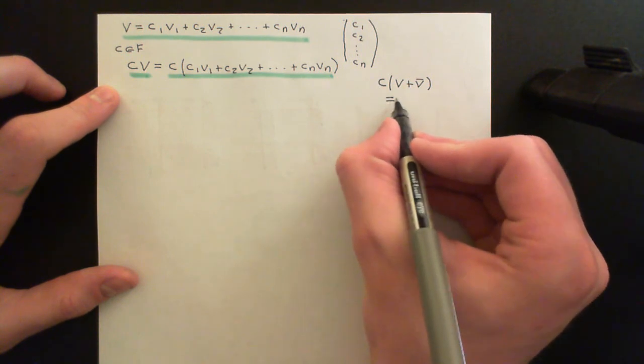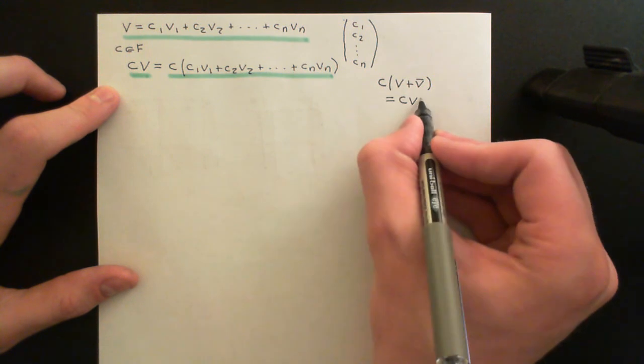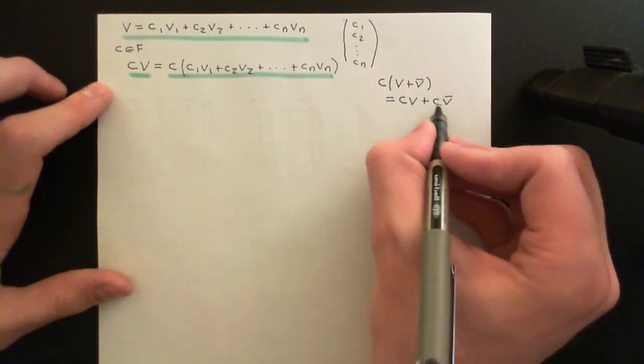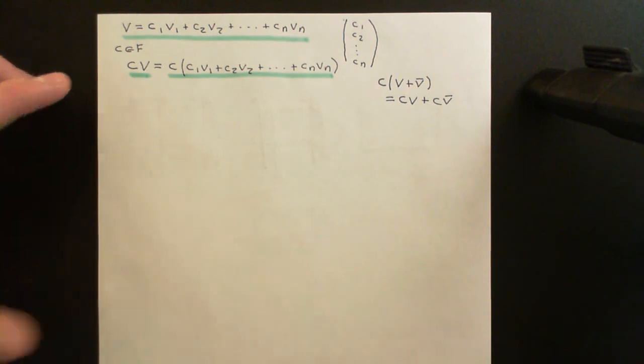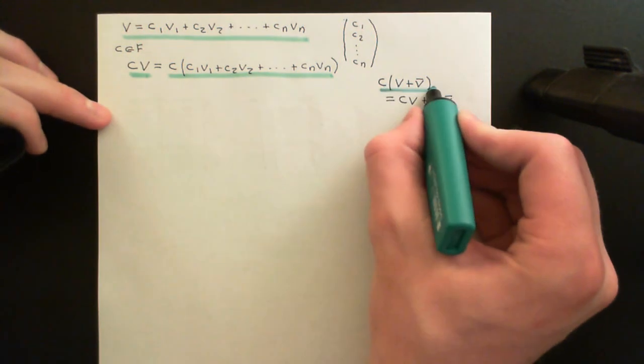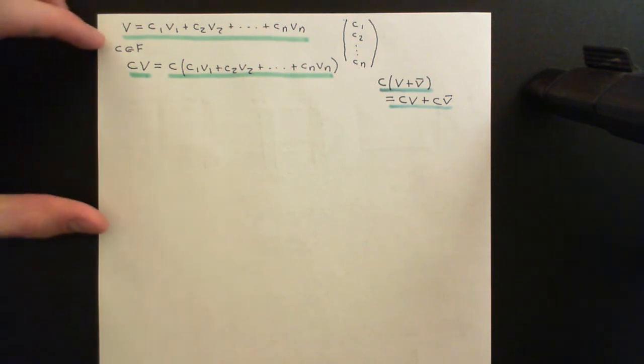The answer must be the same as if you firstly scalar multiply the vector v by c, and scalar multiply the vector v bar by c, and then add them together in the vector space. This is the statement that scalar multiplication distributes over addition in the vector space. And this is another property that we insist the scalar multiplication rule must obey if it's going to be considered a vector space.